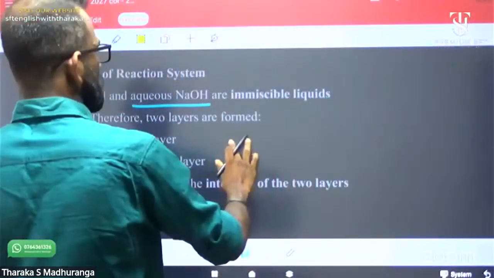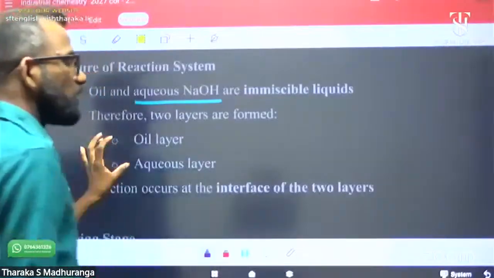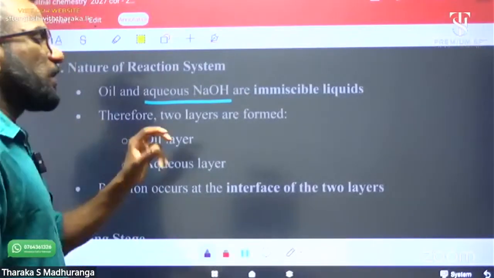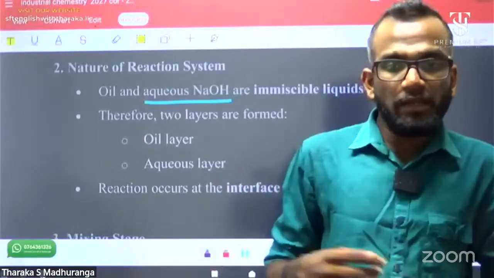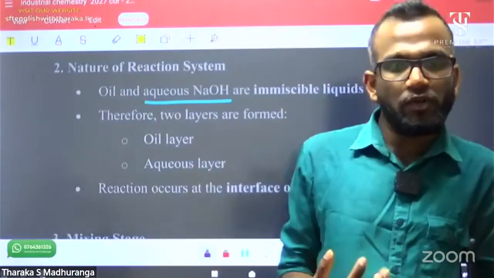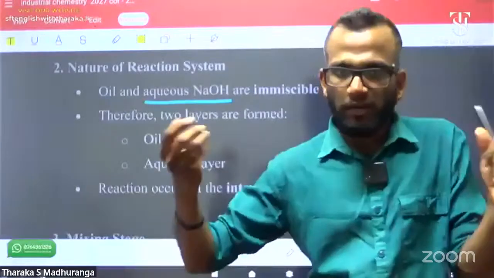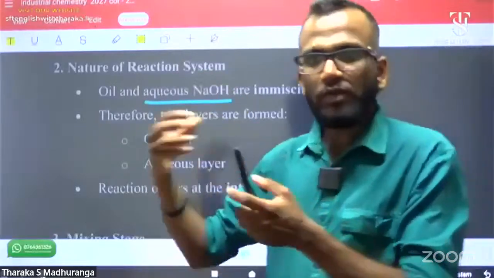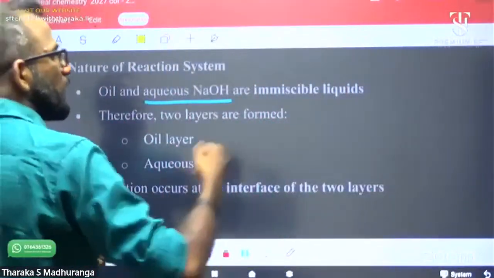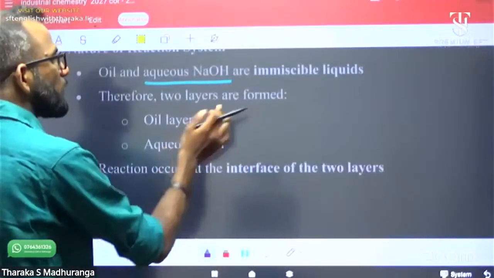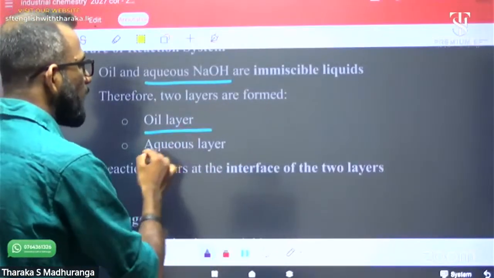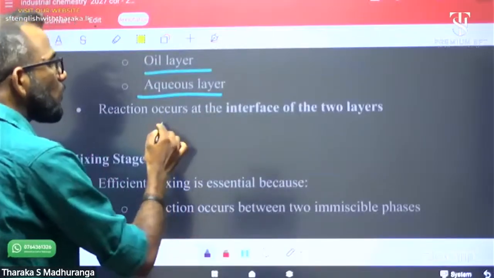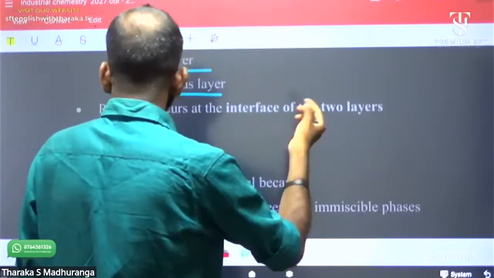Oil and aqueous sodium hydroxide are immiscible. Immiscible means not dissolving. Water is polar and oil is non-polar, so they are not dissolving, not mixing. Therefore two layers are formed, an oil layer and an aqueous layer. The reaction occurs between the two layers.